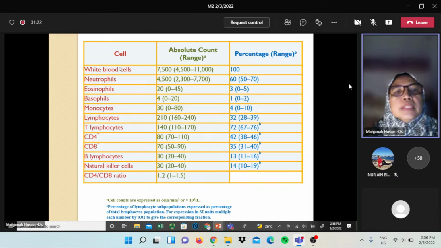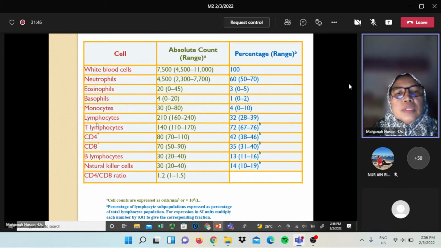This shows the type of cells, the absolute count, and the percentage. The white blood cell count is normally 7,500, with a range between 4,000 and 11,000. The highest is always the neutrophil.